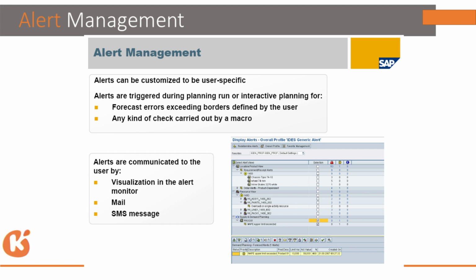We can write an alert, so the alert will give the message. The system automatically will check, okay, for this particular product and location, the sales orders are greater than forecast, then it will give a message. So in the 1,000 products, maybe 5 products have sales orders greater than the forecast.